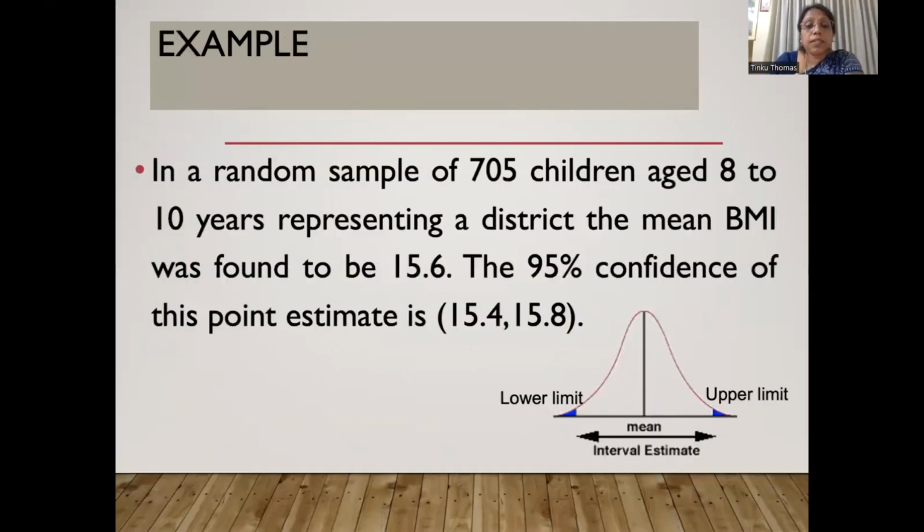So let's see here. In a random sample of 705 children aged 8 to 10 representing a district, the mean BMI was found to be 15.6 and the 95% confidence interval is 15.4 to 15.6 kilograms per meter square. I should have specified the unit. So here you can see that we are having a very precise estimate with a sample size of 705.